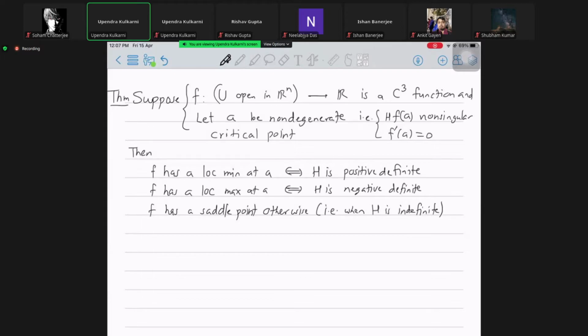So let me just write down recall definitions here. A critical point is called non-degenerate if the Hessian is non-singular at that point.